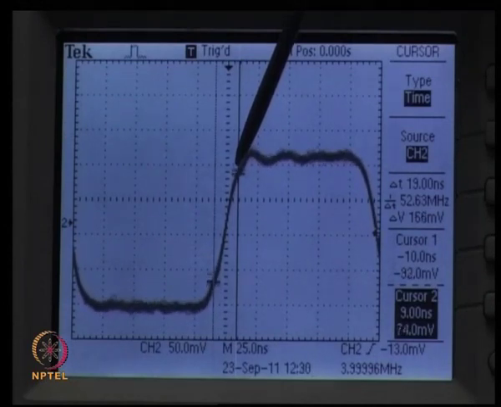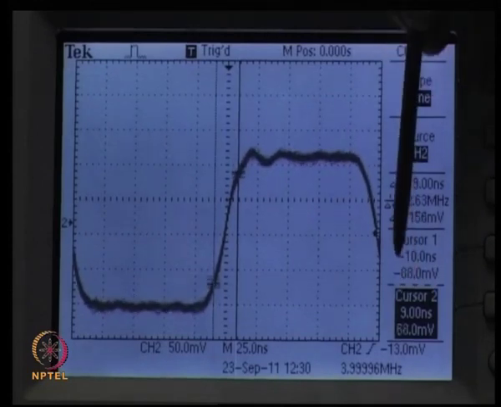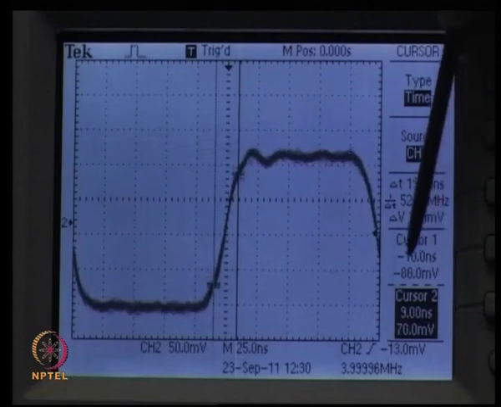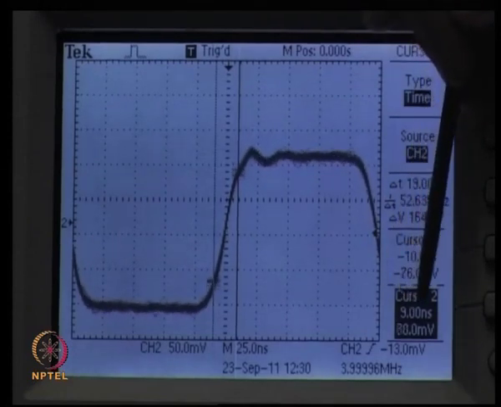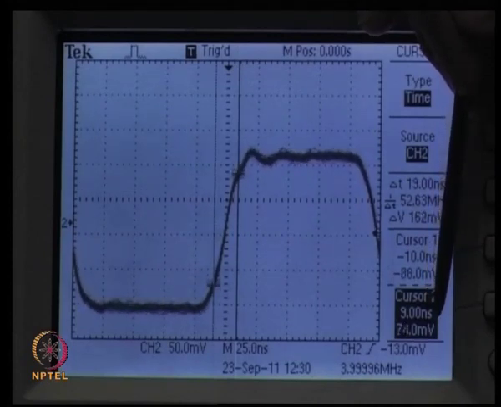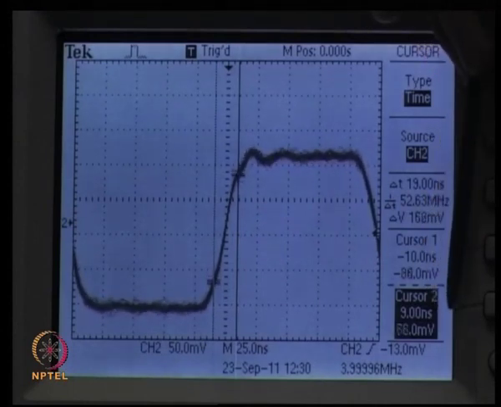Cursor 2 is at 9 nanoseconds, and cursor 1 is at minus 10 nanoseconds. The difference between these two readings will give us the rise time of the laser plus the reel 1 and 2.